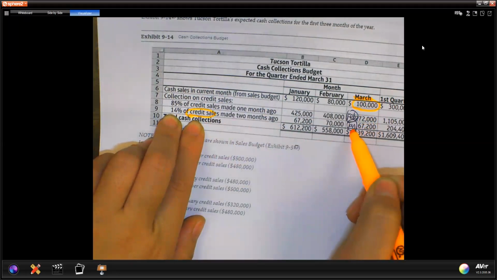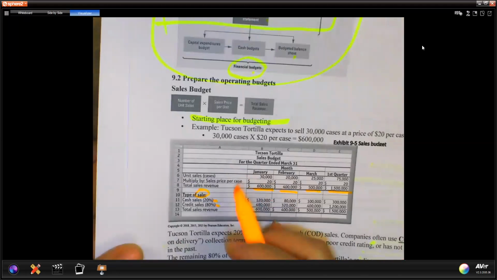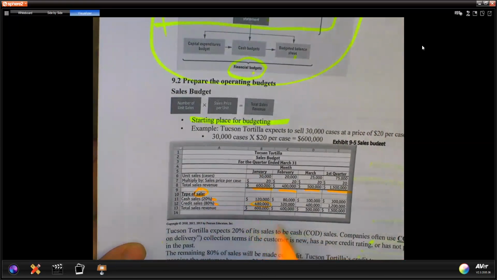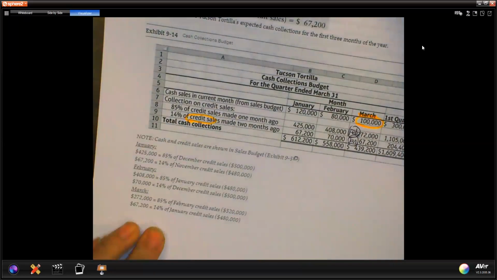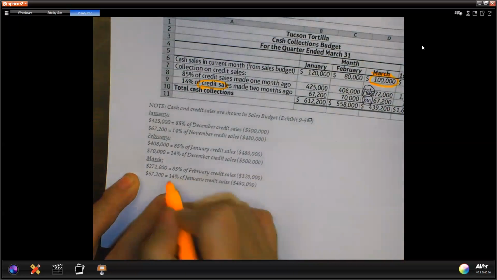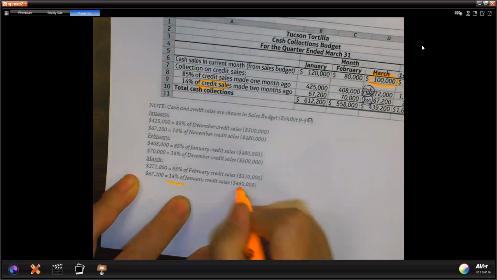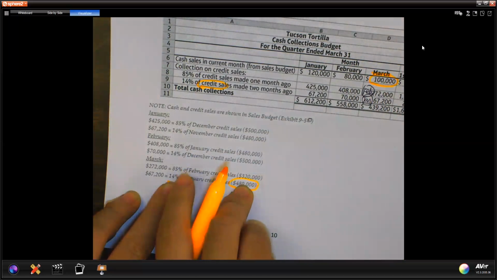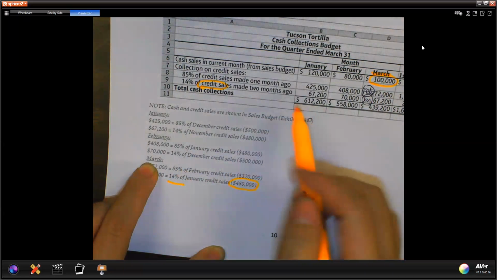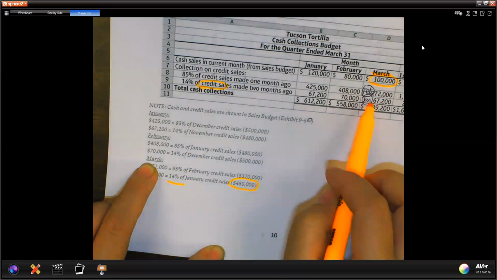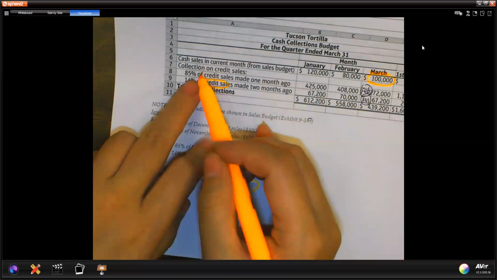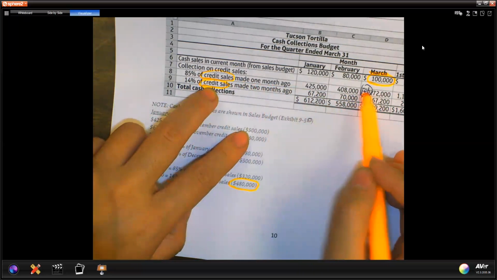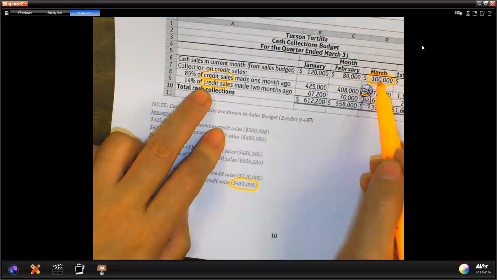14% of your January credit sales will be collected in March. Our January credit sale is 480,000, so 14% of the 480,000 January credit sale will be collected in March. And 85% of credit sales made 1 month ago, which is February, will be collected in March.